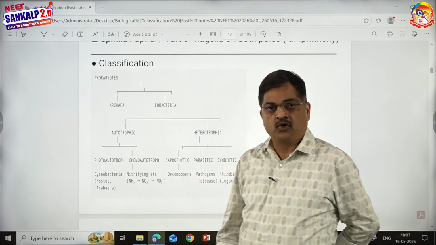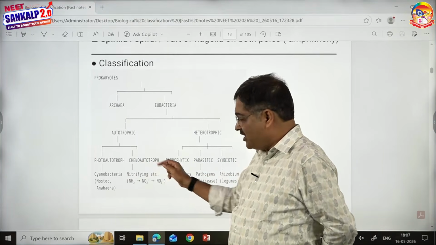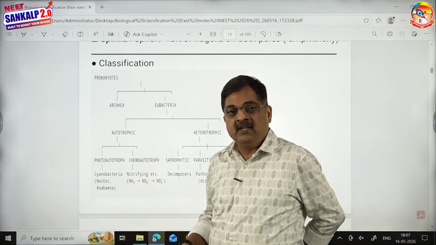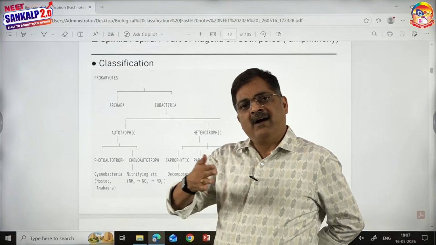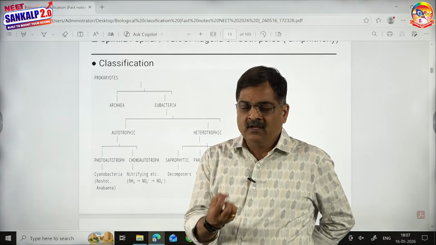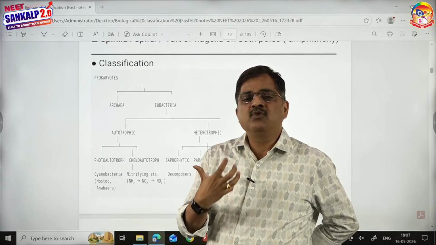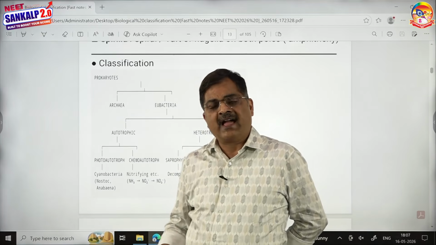Photoautotrophs and chemoautotrophs. Let us get rid of chemoautotrophs. The name gives ample evidence. Autotroph means they take atmospheric carbon dioxide and combine it with water to form glucose, and how can it happen? In the presence of energy. So what is the source of energy? Oxidation of inorganic chemicals.